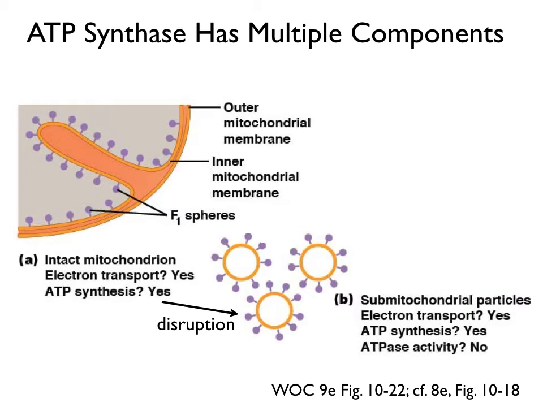So you'll recall that the mitochondrion has an outer and an inner membrane. And it turns out that the proteins that synthesize ATP are embedded in the inner membrane with a particular portion of this multiprotein complex sticking out into the matrix. So in World of the Cell, these look sort of like lollipops.